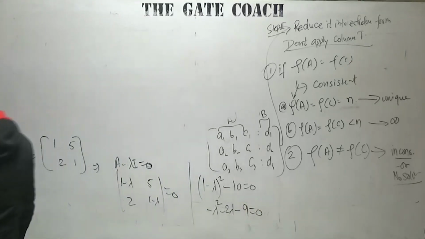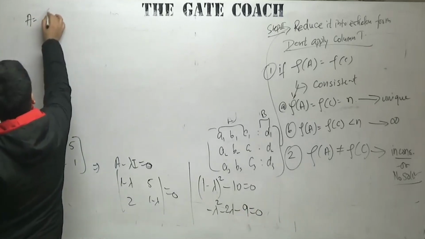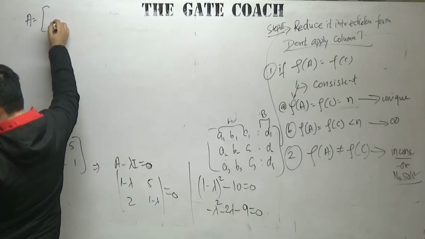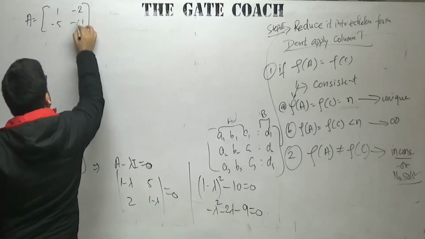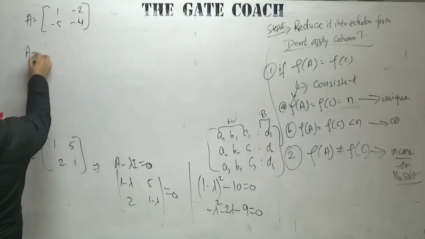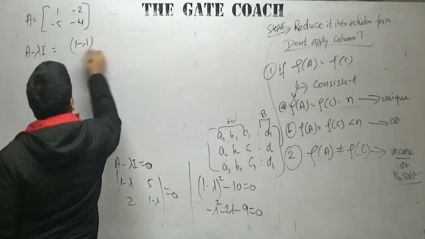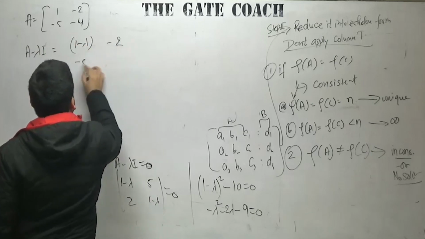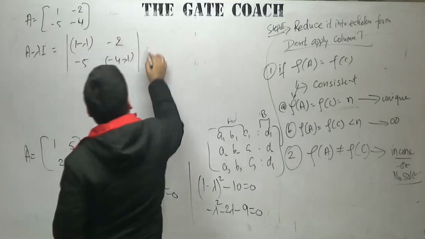Let me take some other, so matrix A is given to you like this, 1, minus 2, minus 5, minus 4. Let us calculate A minus lambda I. It will be 1 minus lambda, minus 2, minus 5, minus 4 minus lambda, determinant is equal to 0.